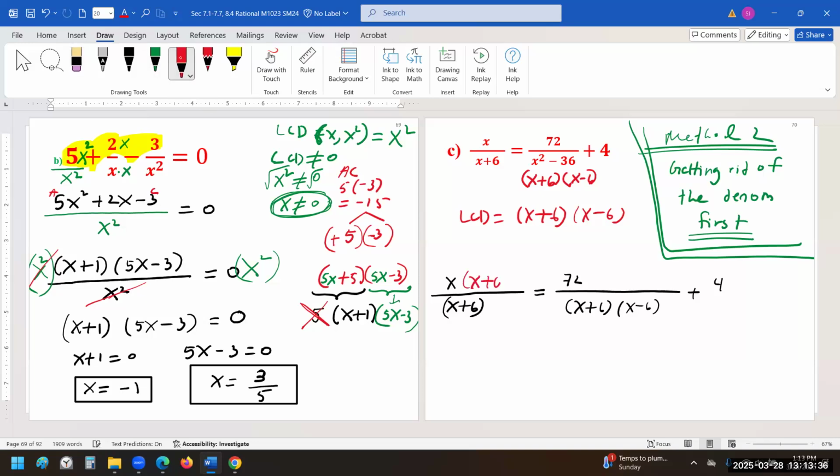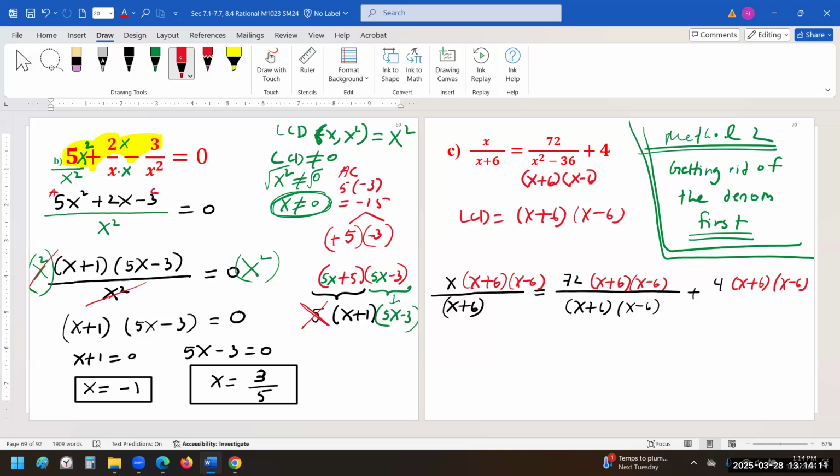So x plus 6, x minus 6, x plus 6, x minus 6, x plus 6, x minus 6. Multiply every numerator by the LCD because we don't want the denominator. We are getting rid of the denominator. I'm not making the denominator the same.